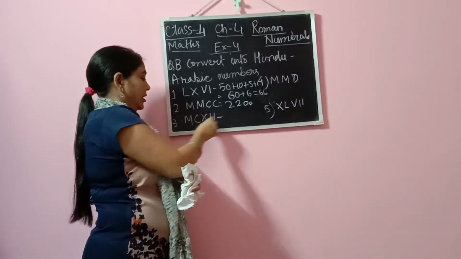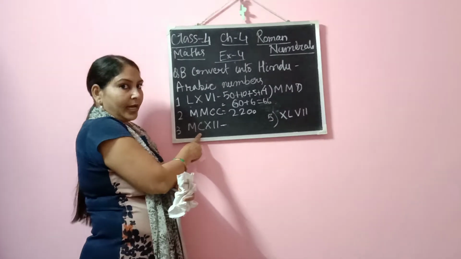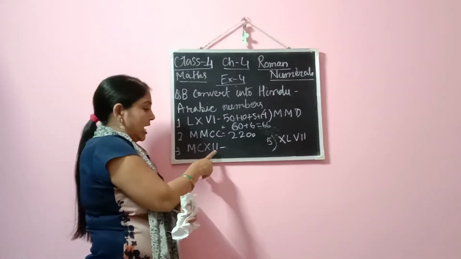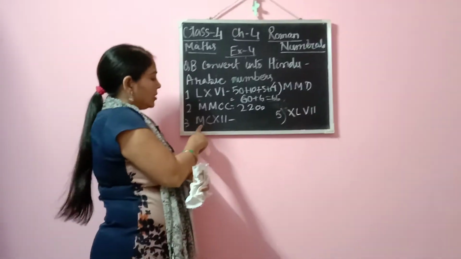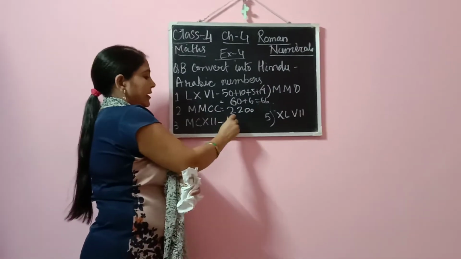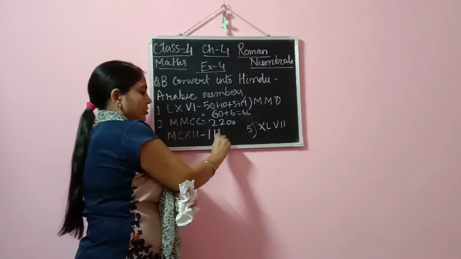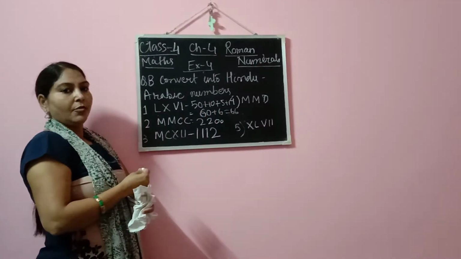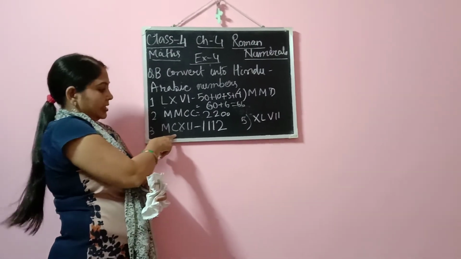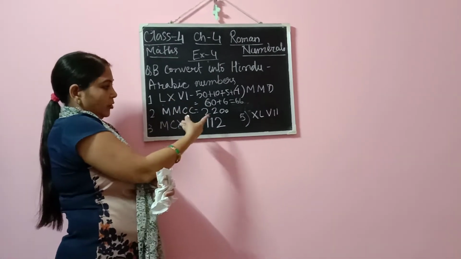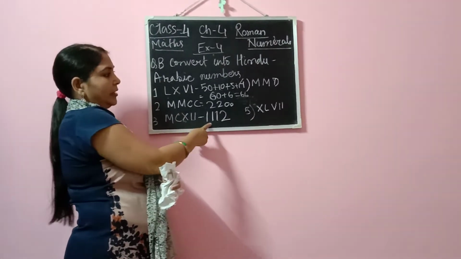The next one: M means 1000, C means 100, X means 10, and II together means 2. So 1000, then 100, and this is 12. So 1112 is the Hindu-Arabic number for this Roman number.